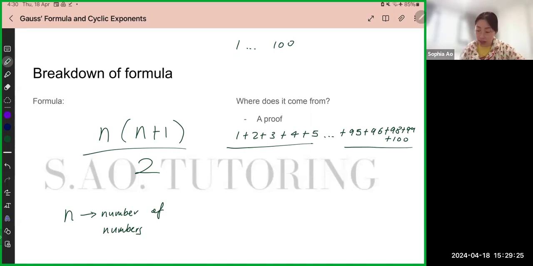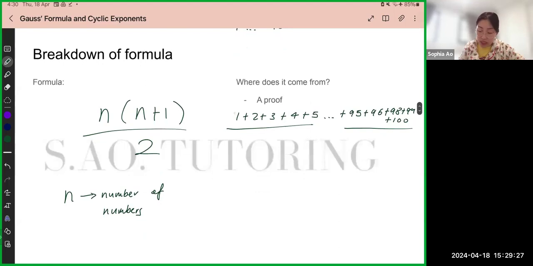So the proof for this essentially is that we take our very smallest number, which is 1, and we take our very largest number, which is 100, and we add them up over here, like so. Okay, from there, we get 101. Okay, cool. Let's now do our second smallest number with our second largest. So 2 plus 99.